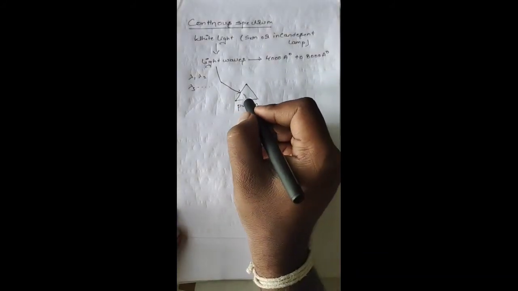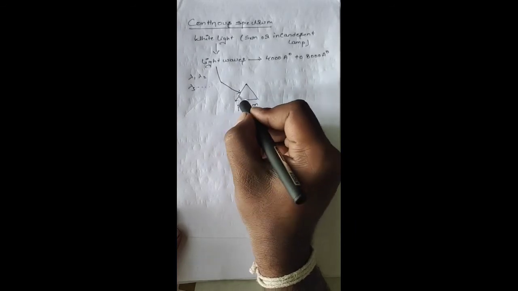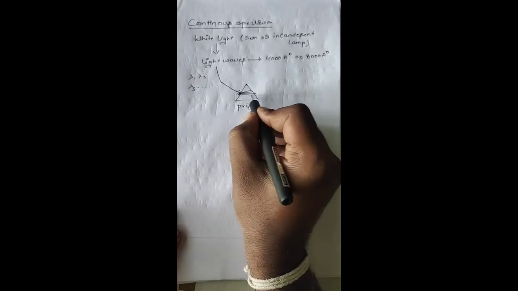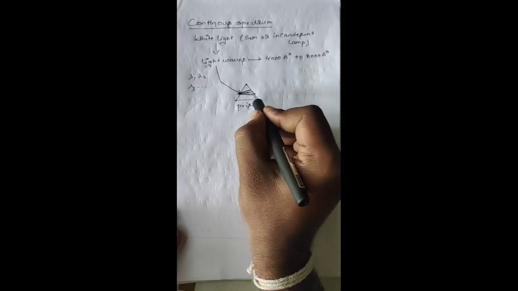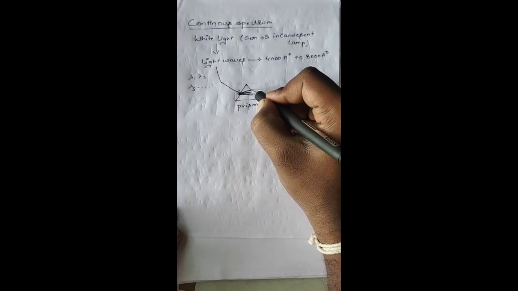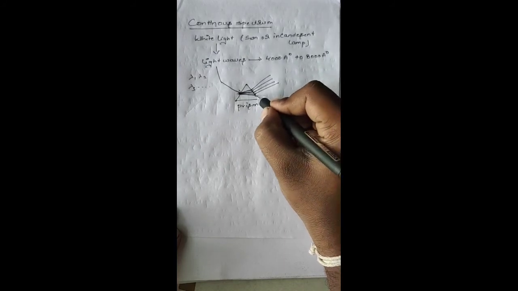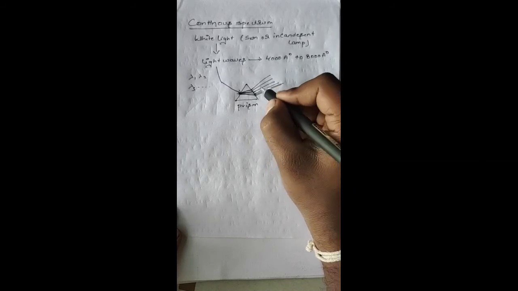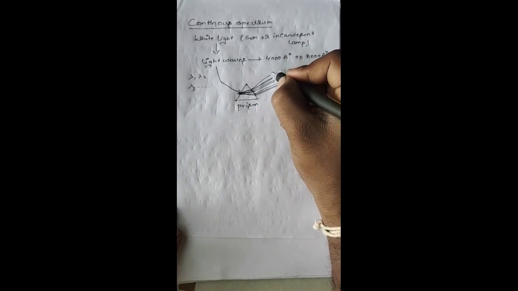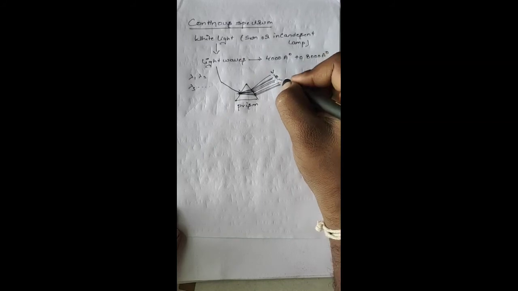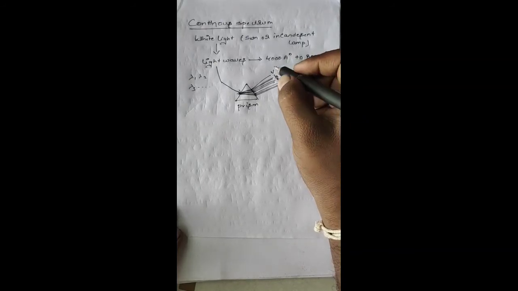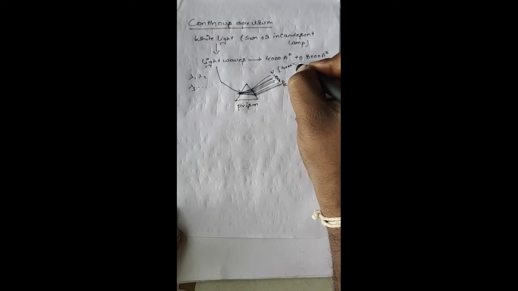The light passes through and is deflected. We will get 1, 2, 3, 4, 5, 6, 7, 8: first V, I, B, G, Y, O, R. Violet is found at 4000 Armstrong.